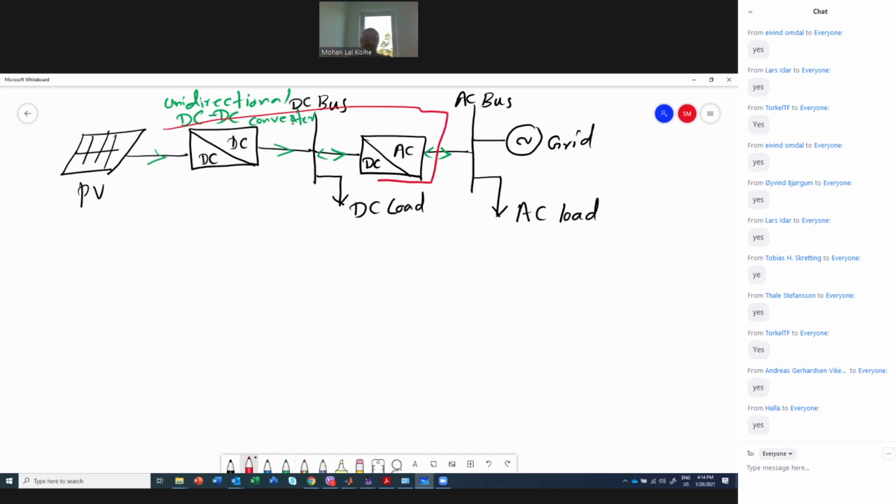These two are power electronic converters. So this is the system topology. That means basically we have a PV module and a unidirectional DC to DC converter.